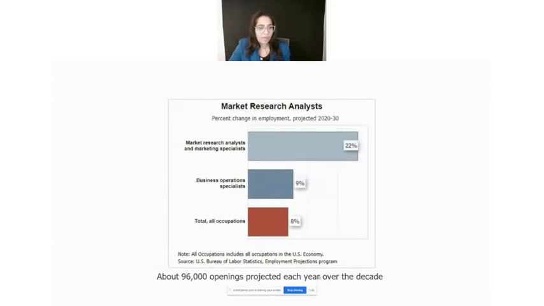It's expected to have about 96,000 openings projected each year over the next decade. So from a student perspective, it is a huge opportunity, especially for marketing students. It's an opportunity which can be tapped. Now, from an academic perspective, it also tells us that it's time for us to get onto the bandwagon, change the way we are looking at things, and get the students trained for these jobs in the future.